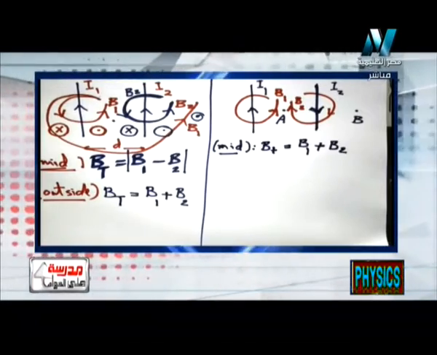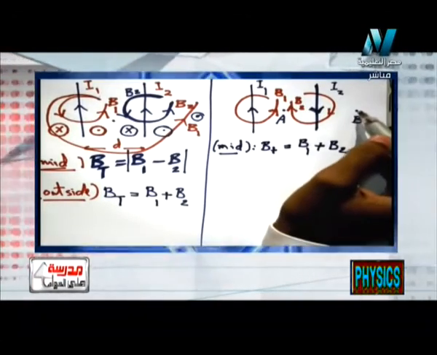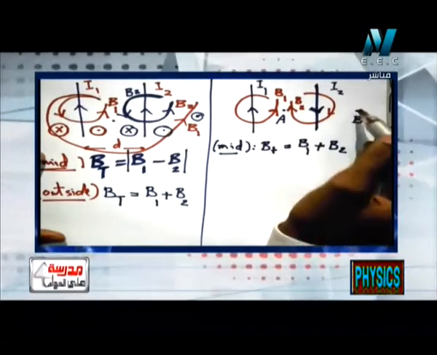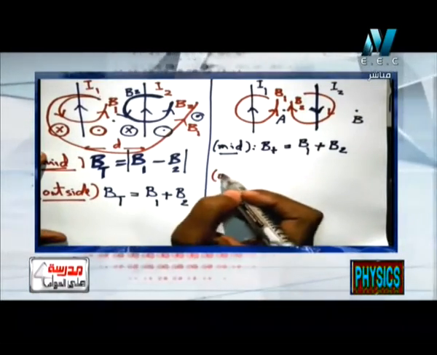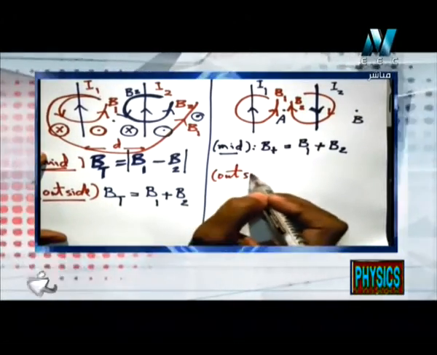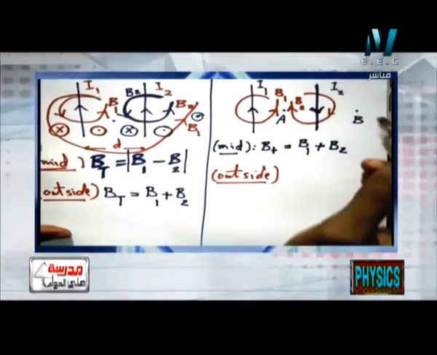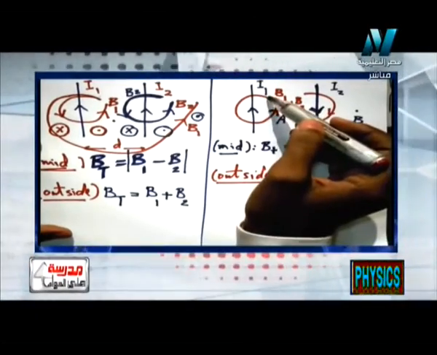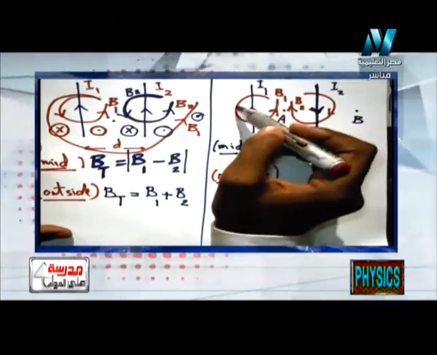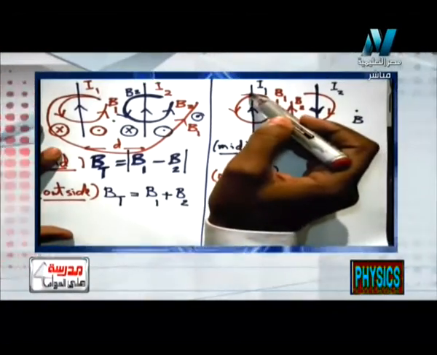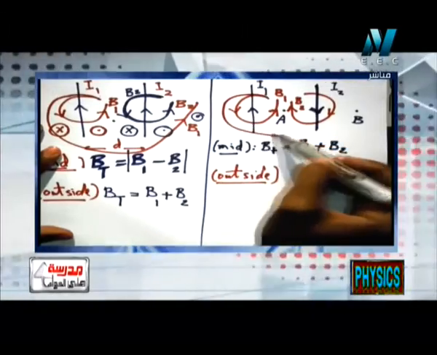But what about this point? What about the total magnetic flux density at point B, outside the two wires? As we said, just draw this line like this.